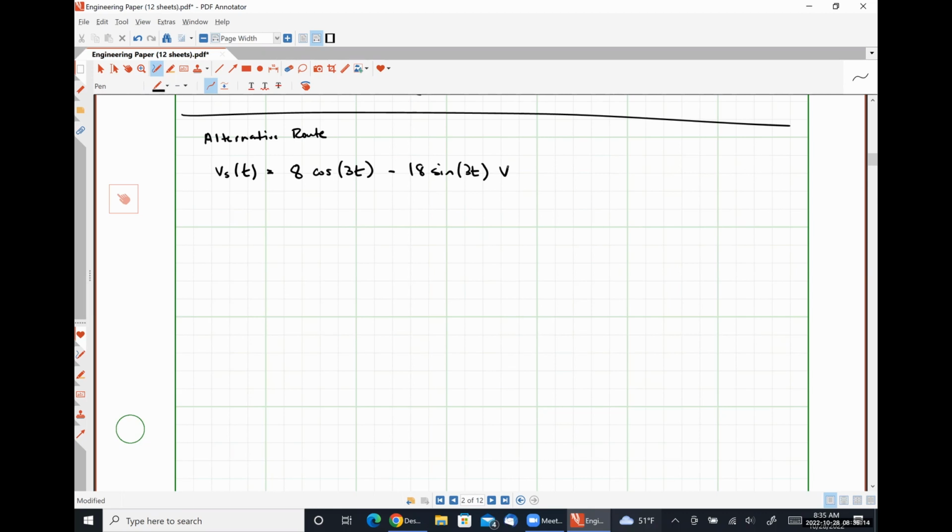Okay. I'm going to call this 8 cosine 3t plus 0 degrees minus 18 cosine 3t, and so let's see.